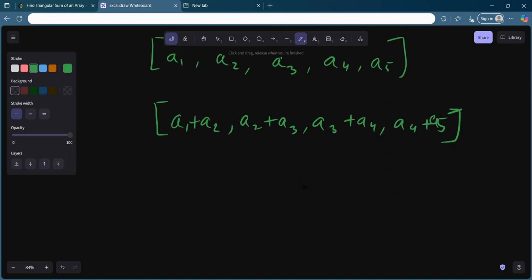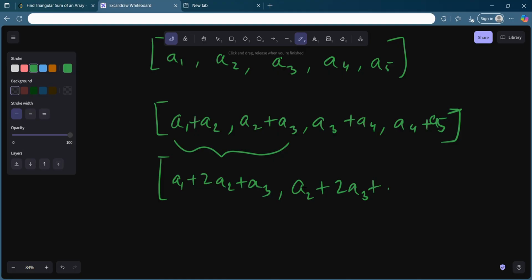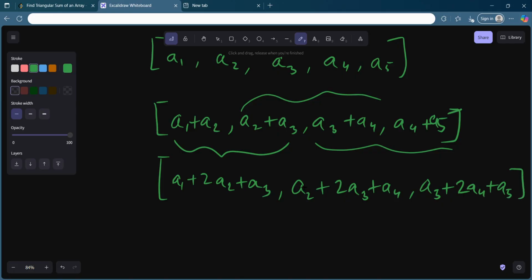Now after you perform one more step, you will get a1 plus 2a2 plus a3. I am just adding the next two adjacent elements. I hope you understand that, right? And a2 plus 2a3 plus a4. Now if you add these two, you will get a3 plus 2a4 plus a5.